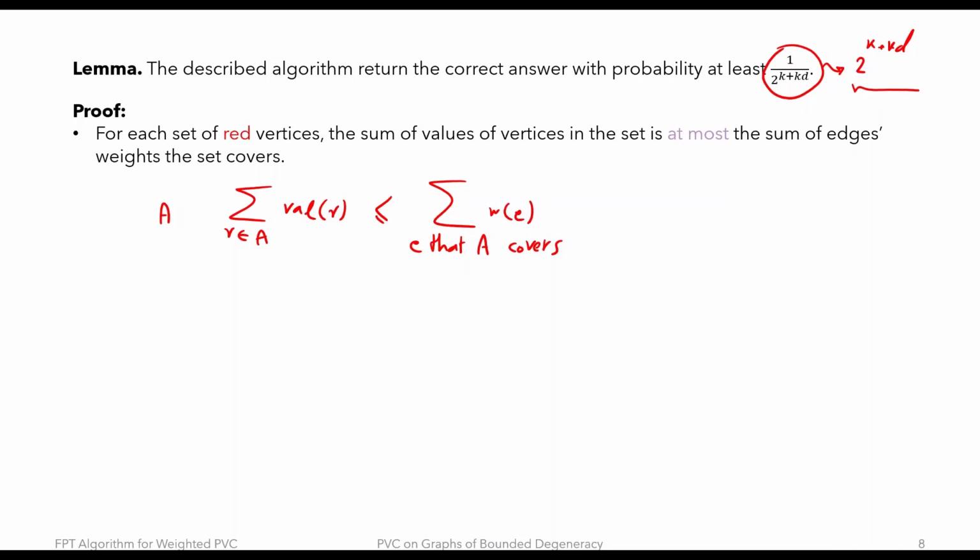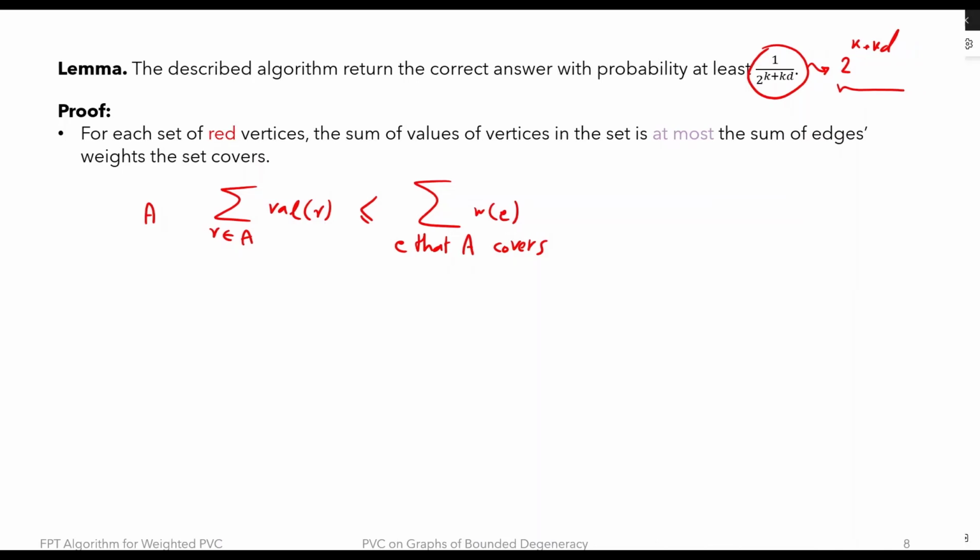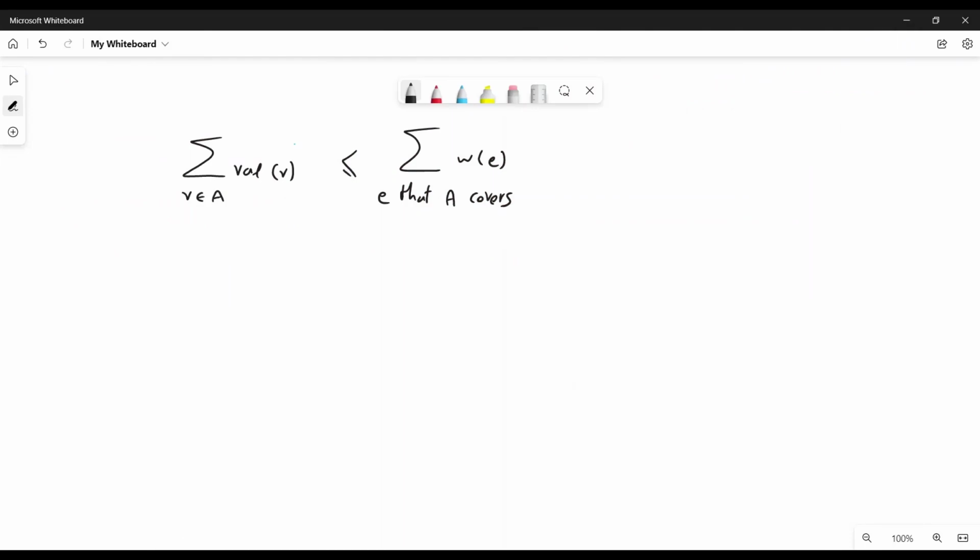Let me move into whiteboard. And for this, the first thing that we should notice is that if an edge is not covered by A, then the edge is not counted in the left side and it's not counted in the right side. So we only care about edges that A covers during the proof.